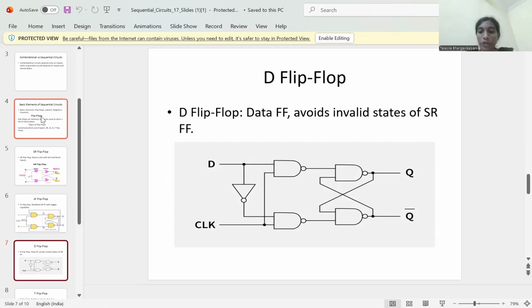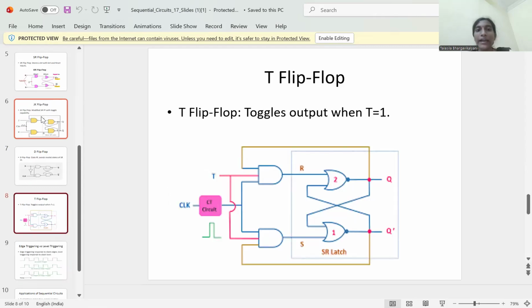Now let us talk about the last and final flip-flop, T flip-flop or toggle flip-flop. It has only one input, that is T. Now let us talk about its characteristic equations. First, if T value is equal to 0 and Qn value is equal to 0, then Qn plus 1 value is equal to 0.